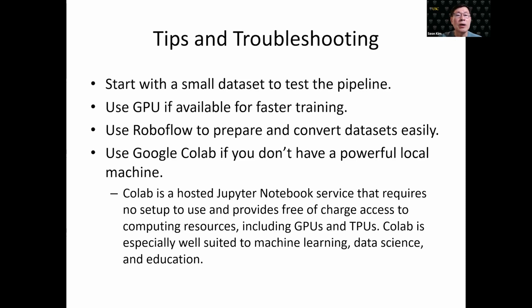Colab is hosted as a Jupyter Notebook service, and it does not require any setup. You can use it free of charge, and you can use lots of computing resources, including GPUs, especially for machine learning and data science. Sometimes Google is doing really good things.